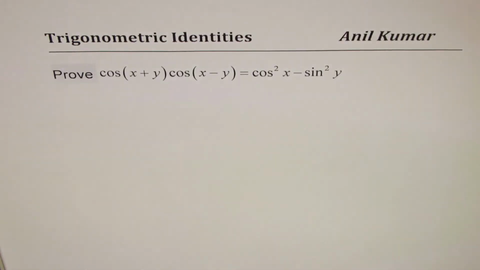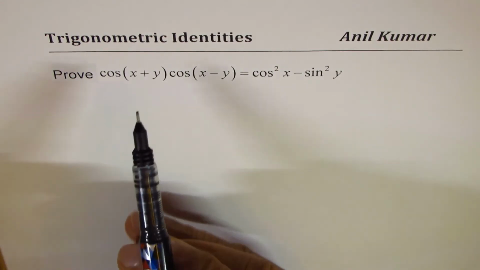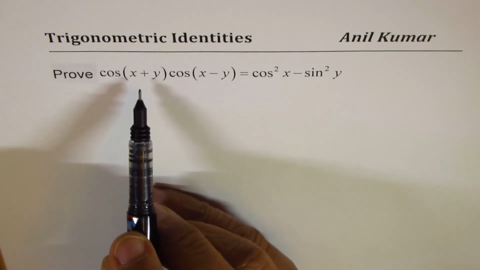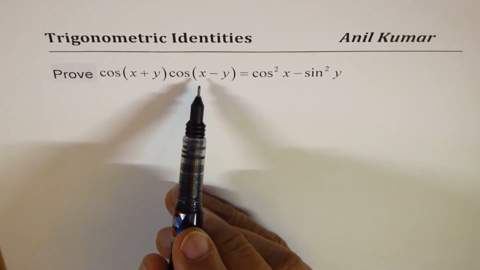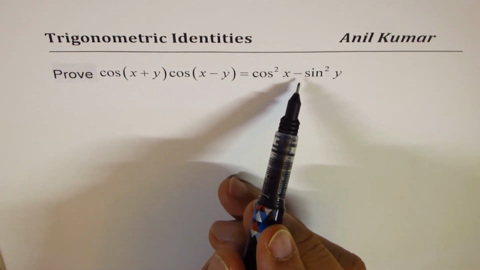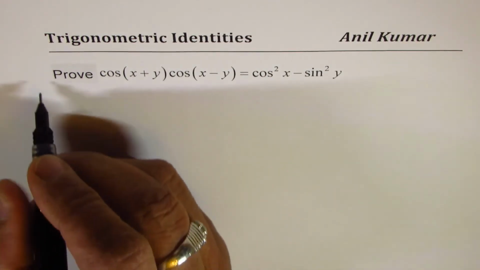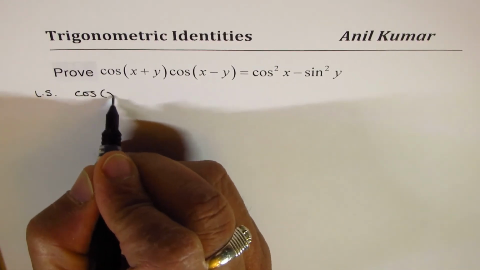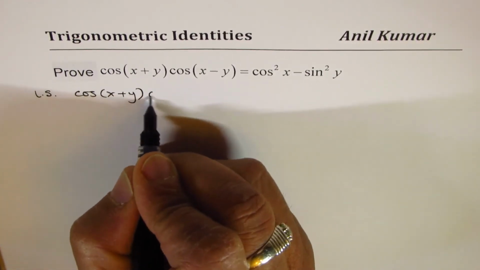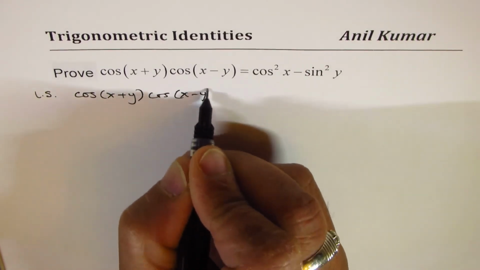I hope you appreciate it. Here is the last one of this exercise. So we'll look into the product when we have a sum and difference. Cos(x plus y) times cos(x minus y) should be cos square x minus sin square y. So let's begin with the left side, which is cos(x plus y) times cos(x minus y).